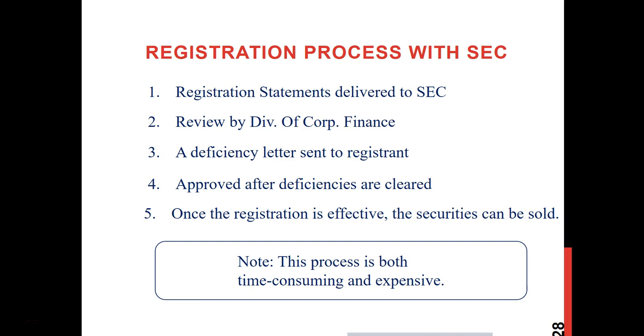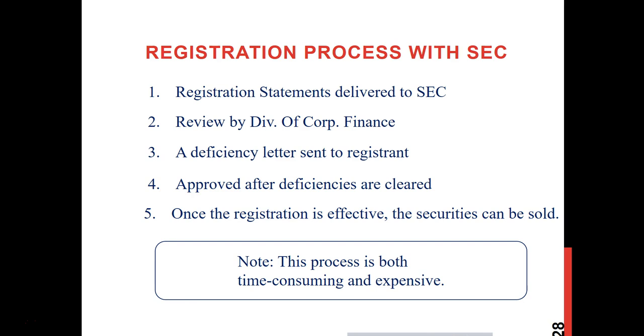So basically what the companies will do, they will select the appropriate form and they will accumulate all the information that they need to complete all these forms, especially for the requirements of Regulation SK and Regulation SX. So once they collect all the information and complete all those appropriate forms, the companies will send those forms to the SEC.